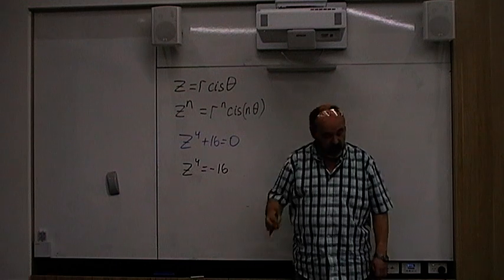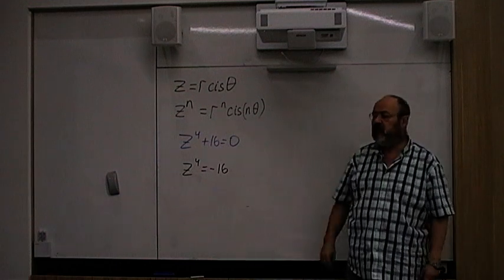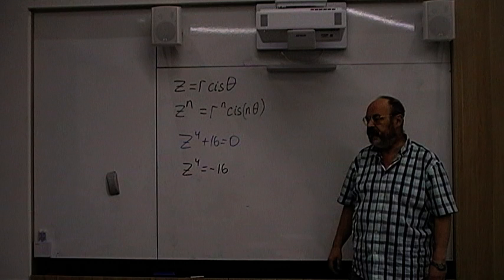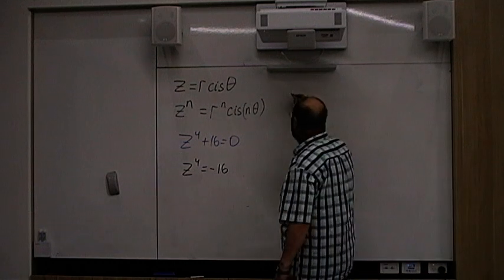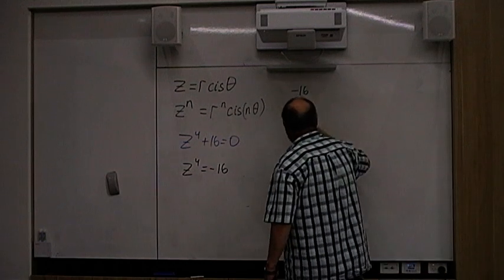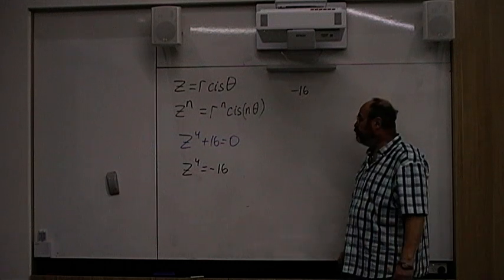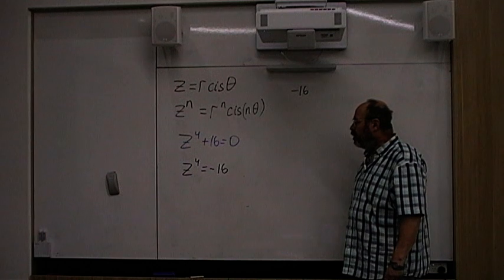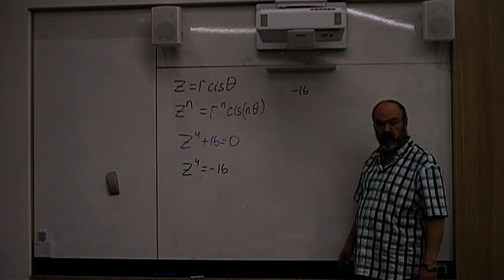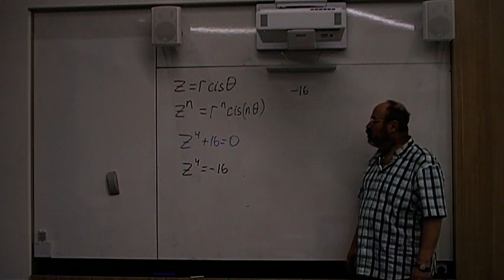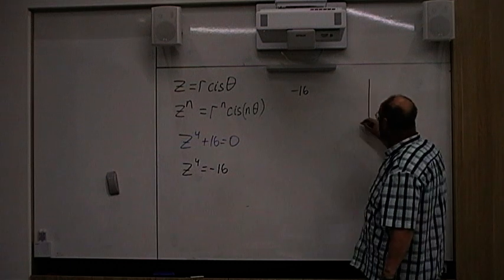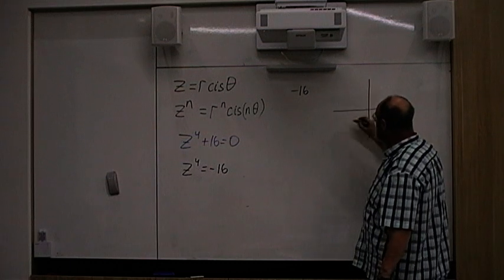Then we need to turn negative 16 into the polar form. So what will be negative 16? You don't even need to go through the process of converting from the Cartesian to the polar, because if you look on the Argand diagram, negative 16 is here.